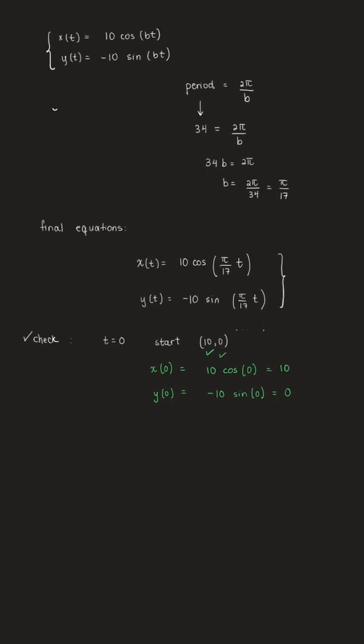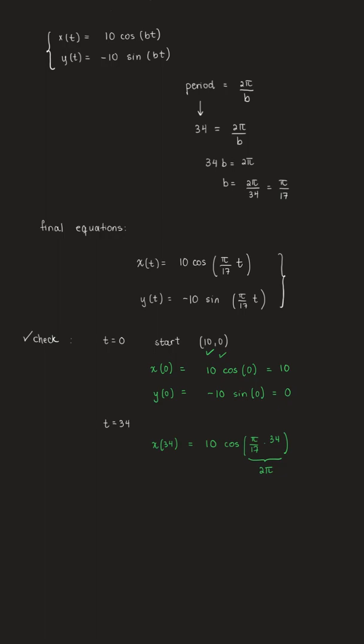Now, let's check what happens when we complete the cycle. So is it the case that when t is 34, we've gone all the way around? Let's check how we might know this. When we put in 34 for t, we get 10 cosine of pi over 17 times 34. Look, this gives us 2 pi.